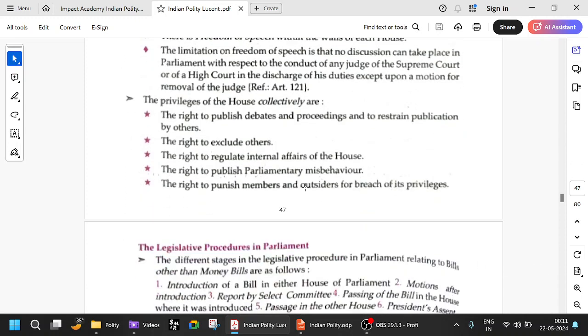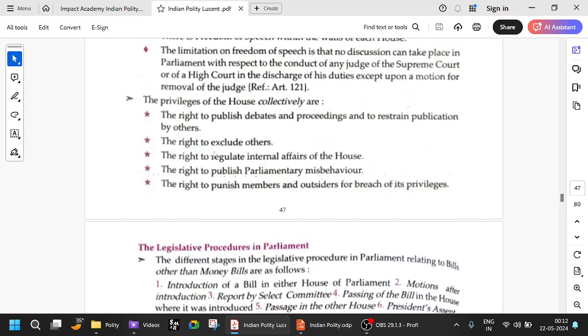So if we are talking about the collective privileges, the right to publish debates and proceedings and to restrain publication by others. So they can publish it, and they can restrain others from publishing it. So the right to exclude others. If you are not a member of the Parliament or MLA, you cannot enter the Parliament or the Assembly.